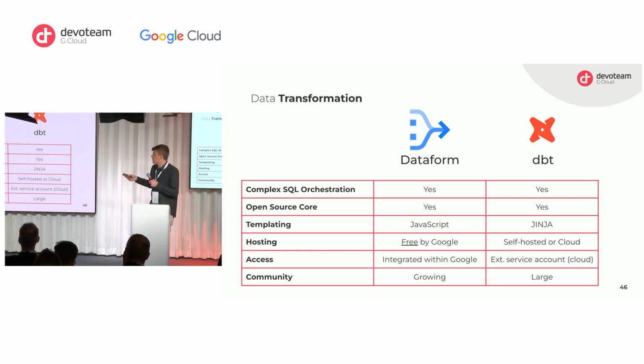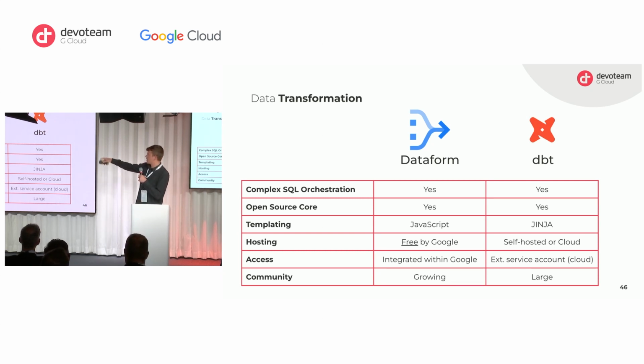If you look at the hosting, Dataform is simply integrated within the Google Cloud Console. You create your first BigQuery table, and on the left side you see Dataform where you can start writing your SQL transformations. If you use dbt, then you need to either host it yourself using, for example, Cloud Run, combined with a cloud scheduler and cloud workflows, or you use dbt Cloud, which is a paid SaaS solution.